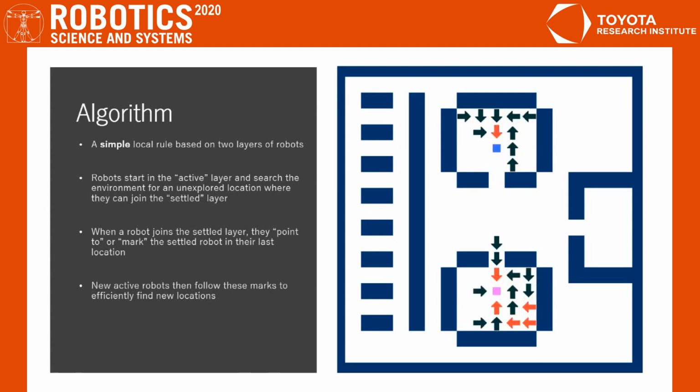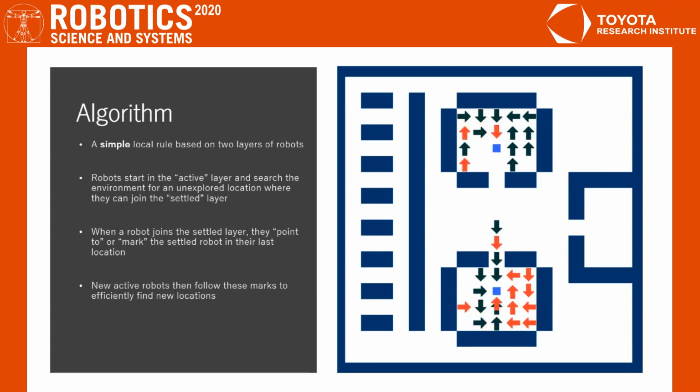Robots start in the active layer and search the a priori unknown environment for an unexplored location where they can join the settled layer. When a robot joins the settled layer, they point to or mark the settled robot in their last location.